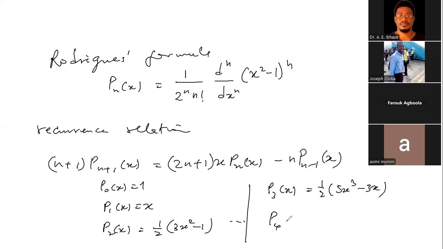Then P4 of x will be the same as 1 over 8, times 35x to the 4 minus 30x squared plus 3. Now we try to follow the same system of analysis to derive some examples. Since you understand the Chebyshev technique, this shouldn't be a problem. But don't worry, I'll find time to probably solve a few examples.